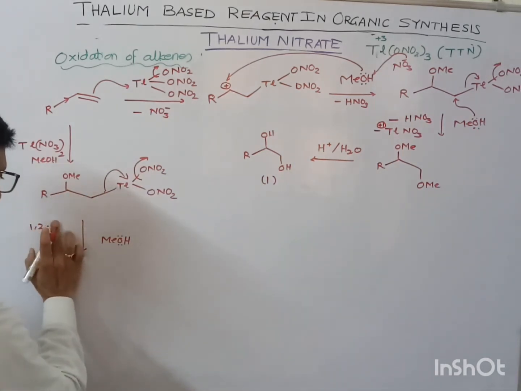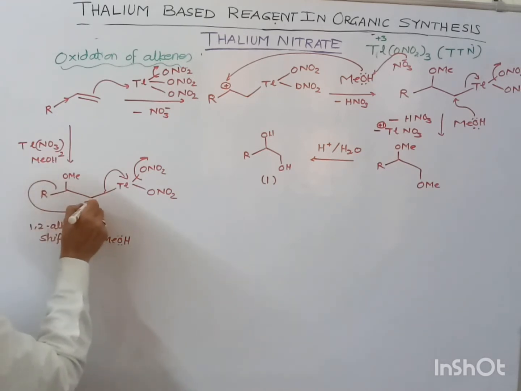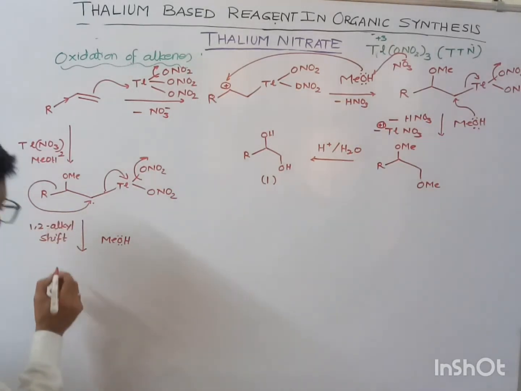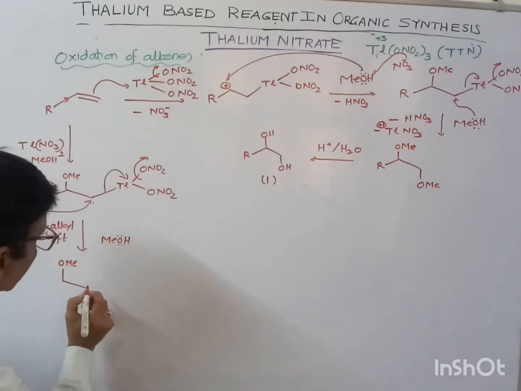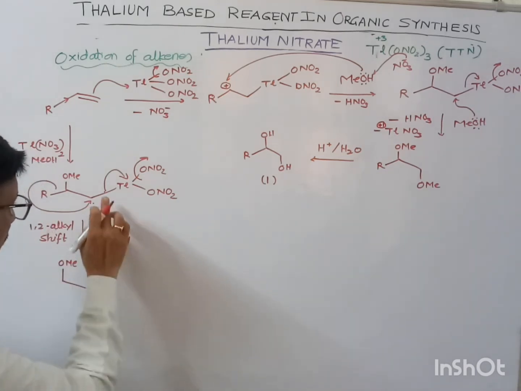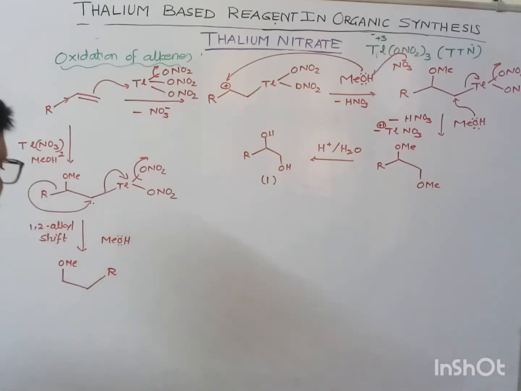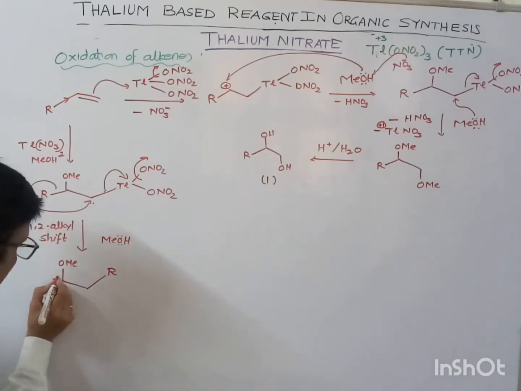This alkyl can shift from the first position to the second position. So what we have got is this OMe, and here I have this R, and here we have generated the positive center.